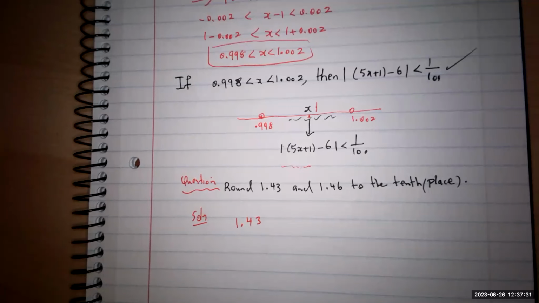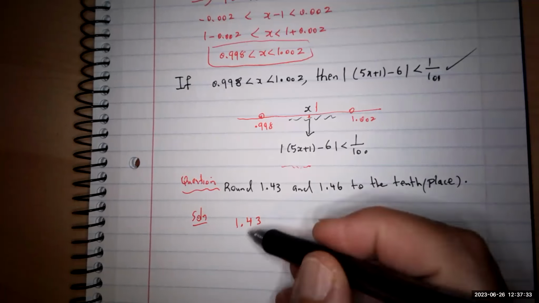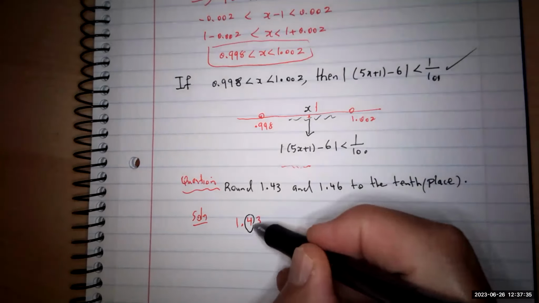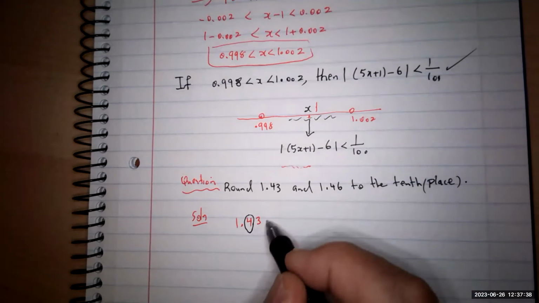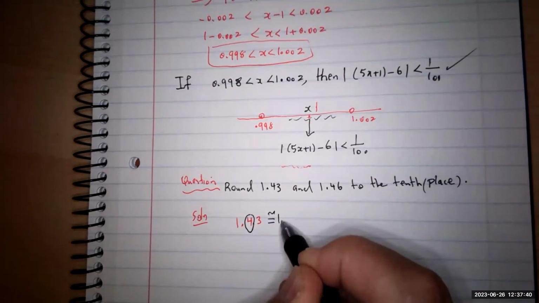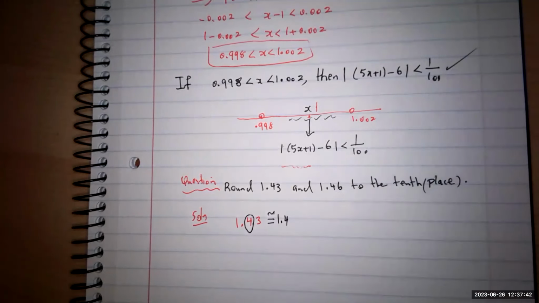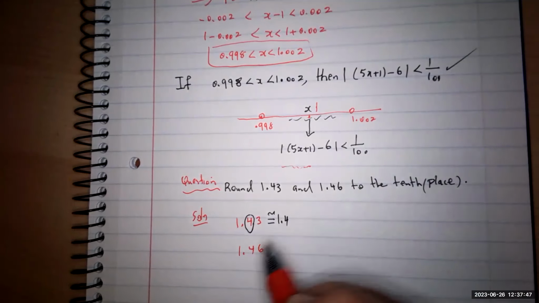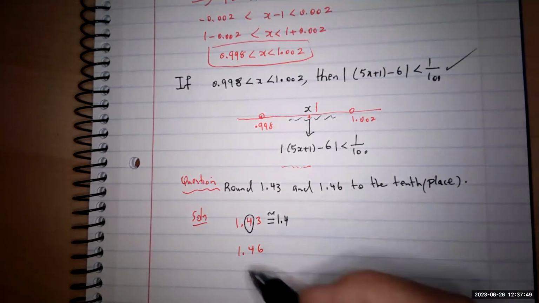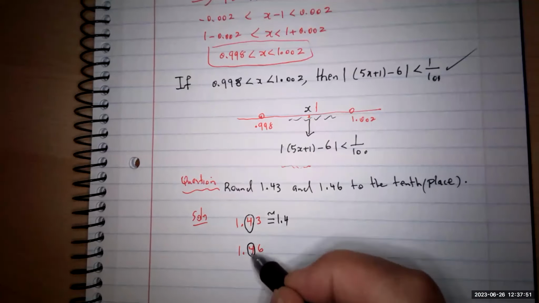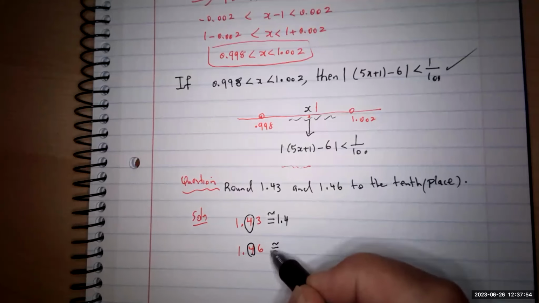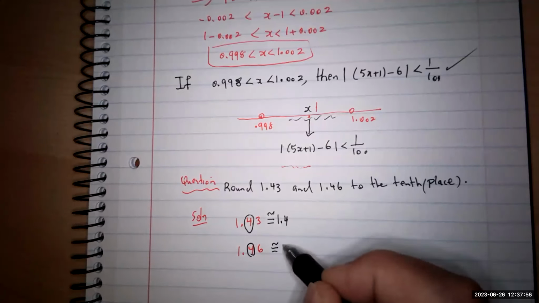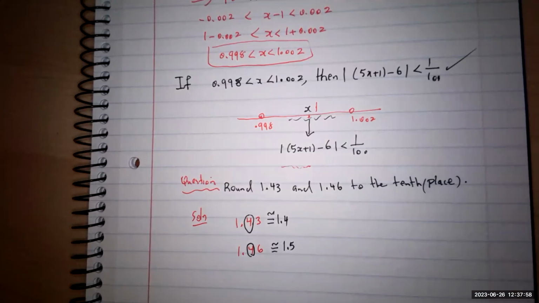The way you do it, this is the rounding place, and the next number is 3, so we drop it. That gives you 1.4. Very good. How about the second one, 1.46? This is the rounding 10th place, and since the next digit is 6, it's going to be 1.5. This is the way we do the rounding.